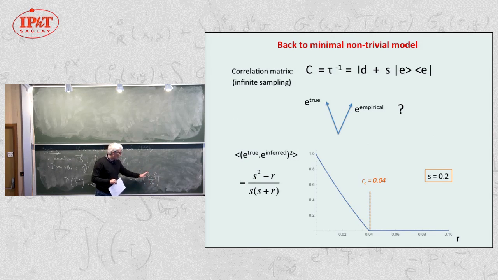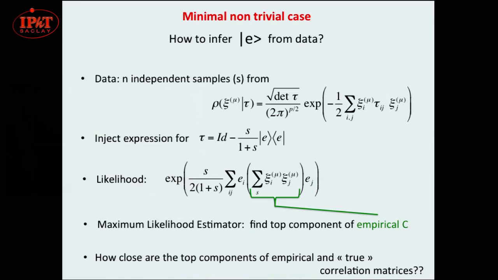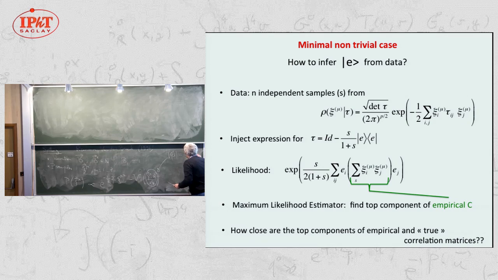So for instance, we choose this potential. There are many choices of potential you can think of. For instance, V of this thing here, which I call lambda, so V of lambda, you can choose exactly what I showed before. In order to match with this problem here, this is the potential you see here. So in that case, V of lambda is simply minus s over 1 plus s lambda squared.